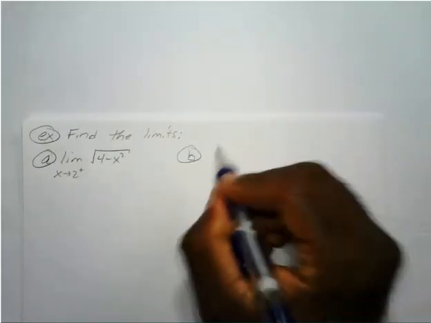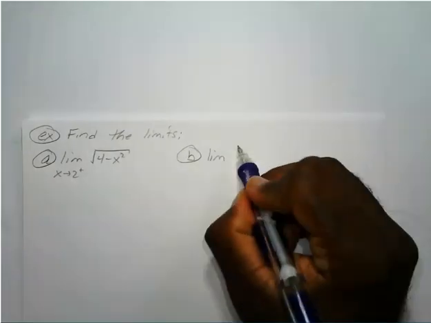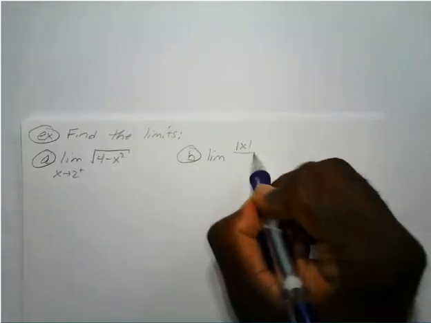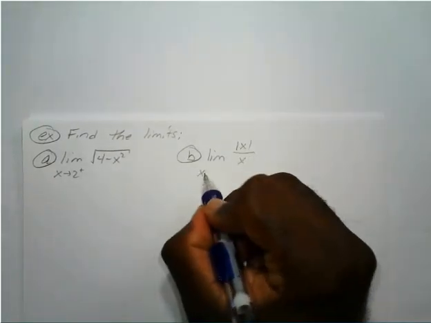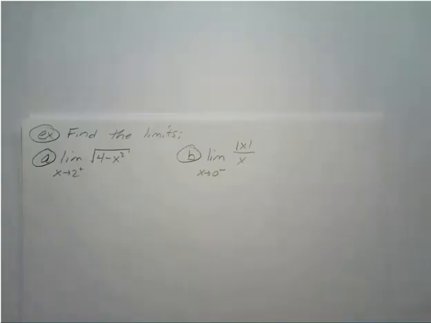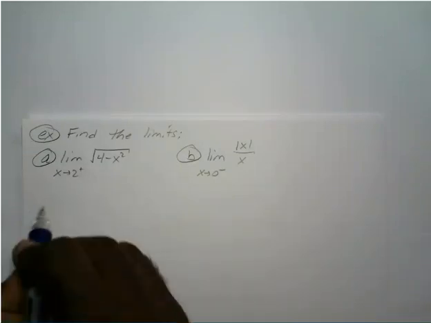And for B, we have the limit of the absolute value of x over x as x approaches 0 from the left. Now, just like any other limit problem, if you can use direct substitution, by all means use it.